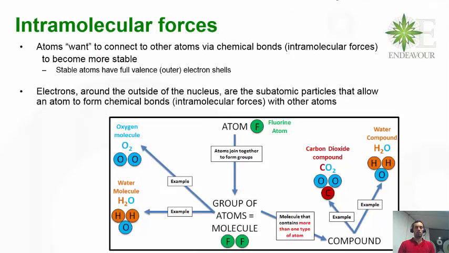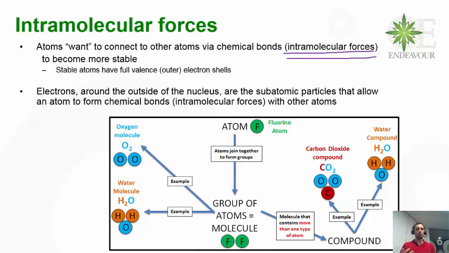So this goes back to a slide we saw in an earlier session, just to realize why atoms behave the way they do. Remember, atoms actually want to form attachments together to become more stable. These attachments are the chemical bonds, and we're now giving them this extra definition of also being intramolecular forces.